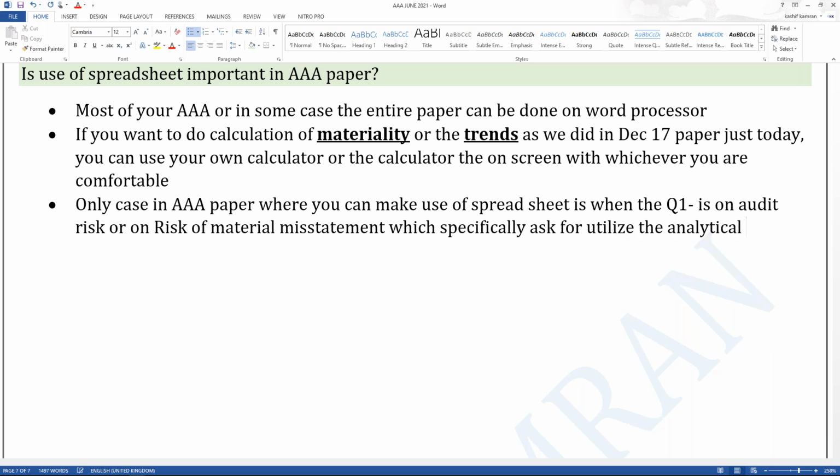And I've done this question in my previous March 21 webinar. You can see the marking scheme of this. You can see how to do this, but I just want to show you how you will do it on the spreadsheet.